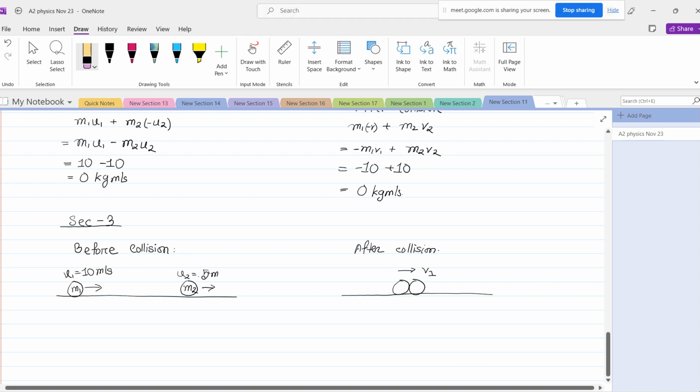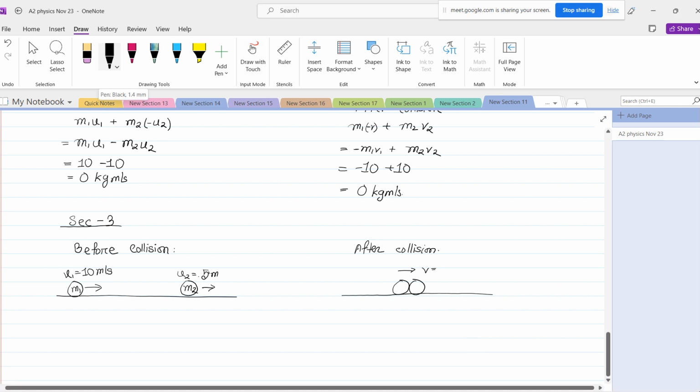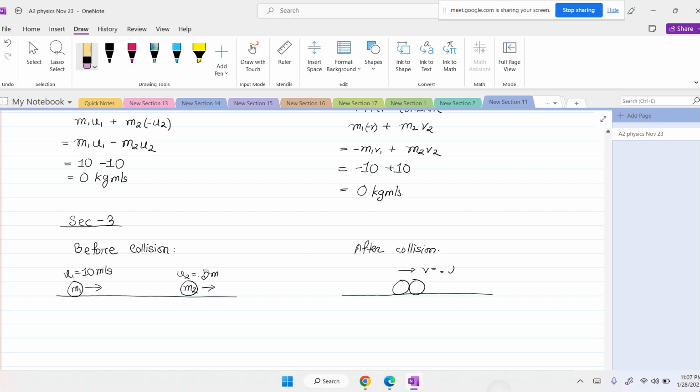As they are combined and moving in the same direction, they will have the same velocity. So the value for velocity would be 25.